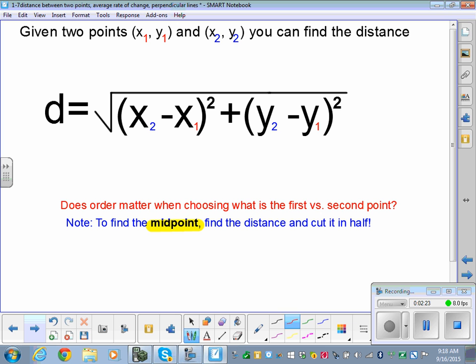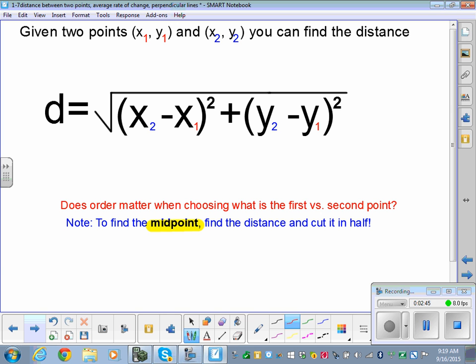Okay, I'm going to ask you a question, guys. Looking at me up here, if I walk from here to here, is that any different of a distance than if I walk from here to here, or is it the same distance? Same distance, so order doesn't matter.